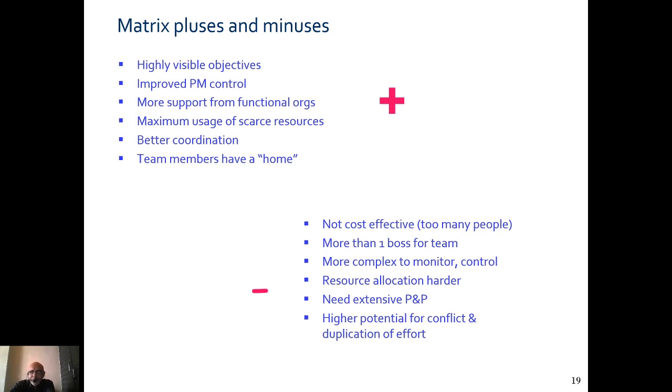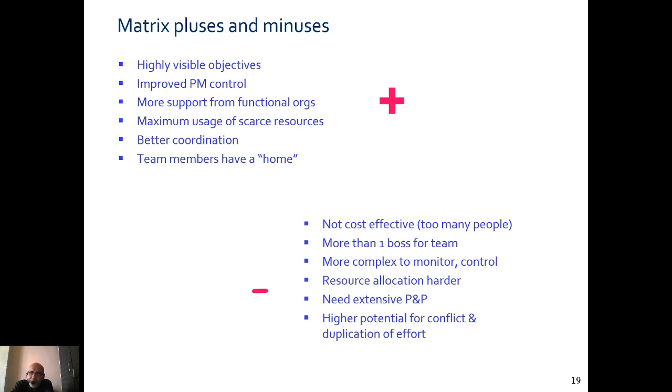So, just having two bosses can't be the reason that you will deny the matrix organization. Just having two bosses, no problem. But if we are being credited, what is the problem then? Not cost effective. Too many people, yes, there will be involvement of too many people, but for what?